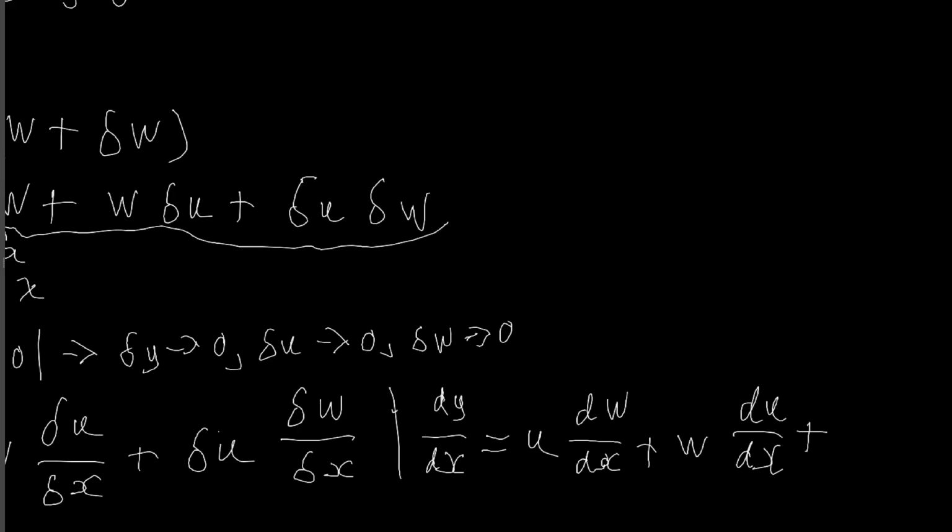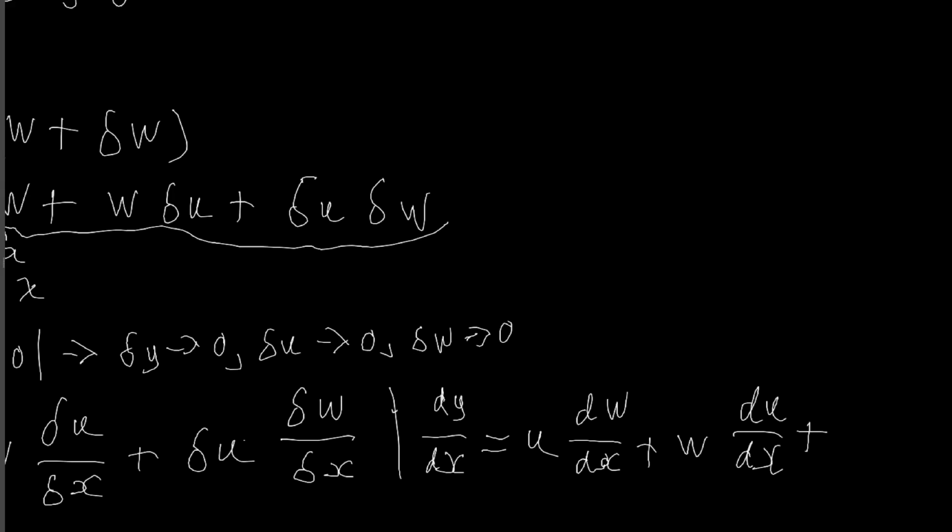Because of that, we can consider the value of delta u times delta w as they both approach 0 to be essentially negligible, and this entire thing is equal to 0, and it completely cancels out of the equation. That's one way to interpret it.